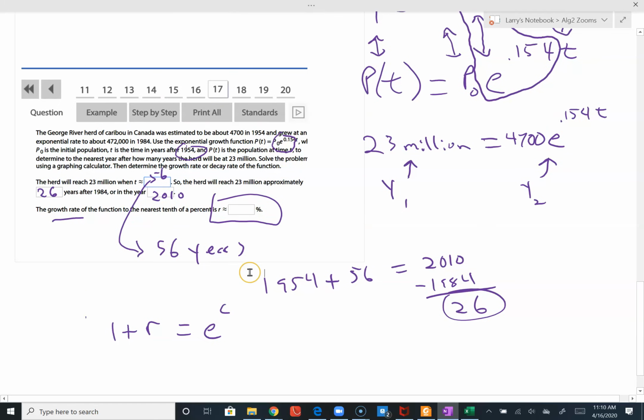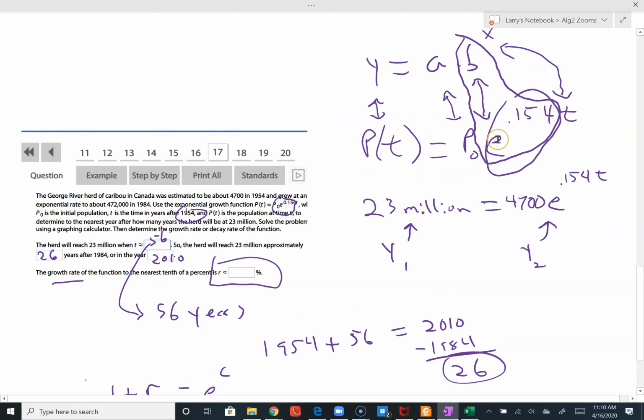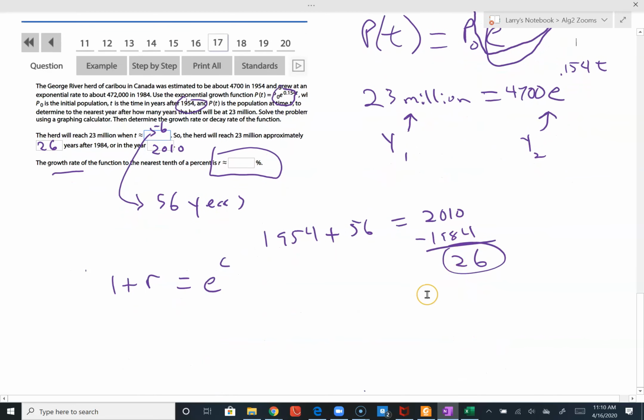Well, that's simply this quantity right here, e to the 0.154. We're not talking about our input variable. We just want this factor. It is this base essentially of our exponential. So in our particular case, we want to solve for r. 1 plus r is going to equal e to the 0.154. All right.